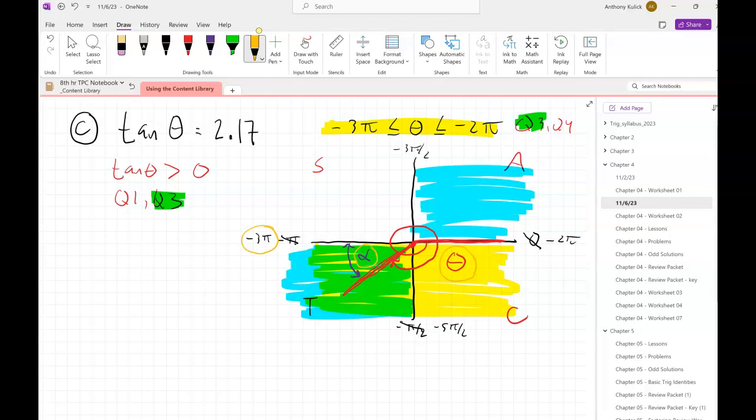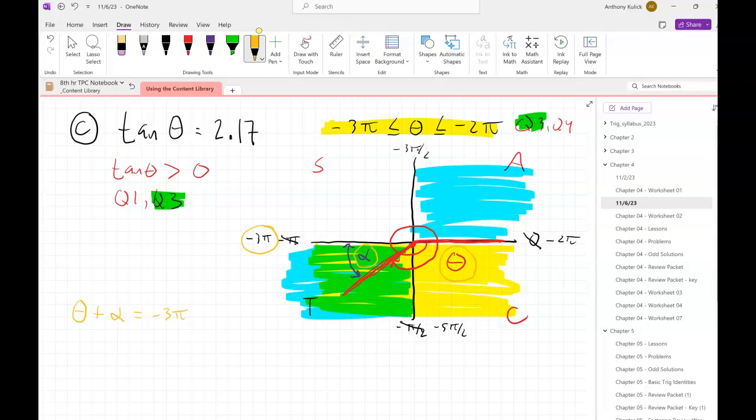Before, right? So what would I have to add to theta to get to 3 pi? How far away from 3 pi is theta? Alpha, right? So we probably think this, correct? That's what our intuition would say, right?